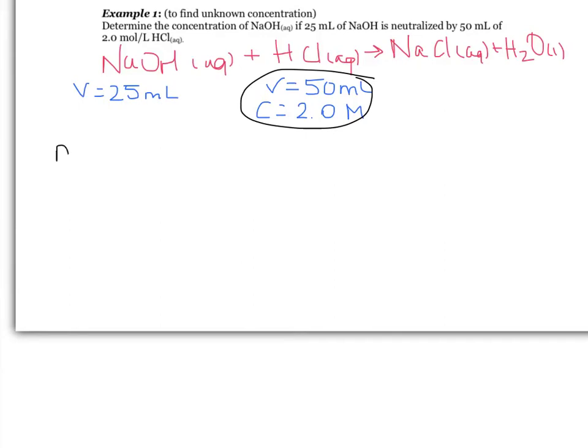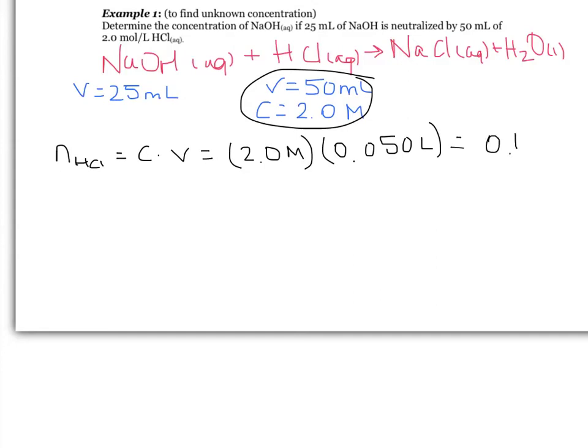So from there, we can get the number of moles of hydrochloric acid using C times V. The concentration is 2 molar, and the volume, remember that molar means moles per liter, so you'll have to put the milliliters into liters. So we will have 0.050 liters. Keeping the appropriate number of significant figures, this would be 0.10 moles of HCl.